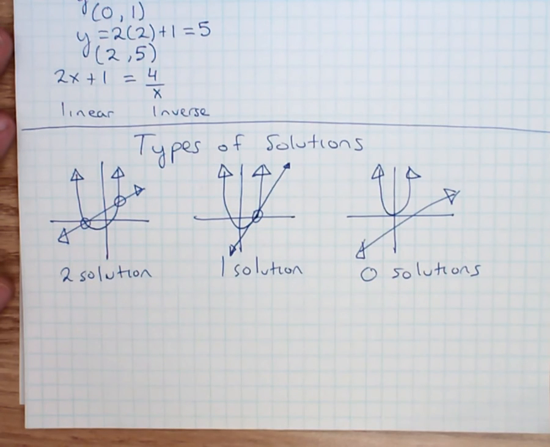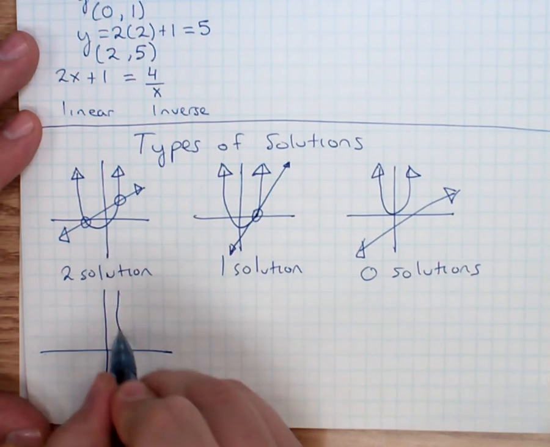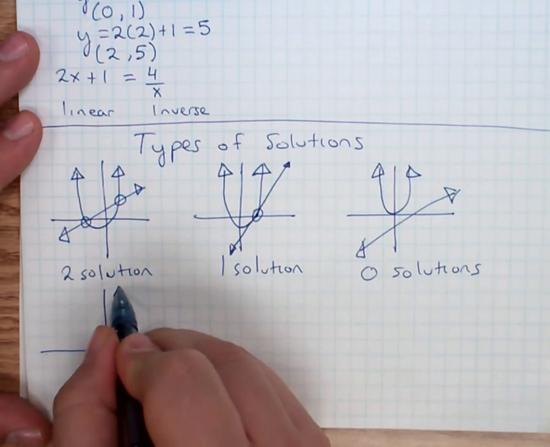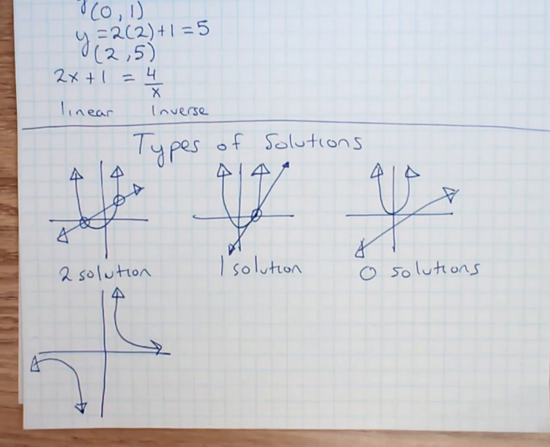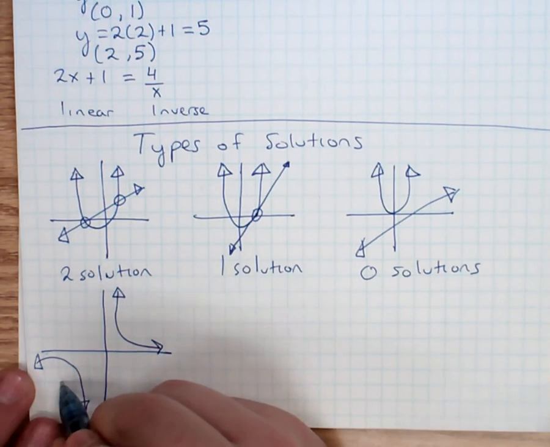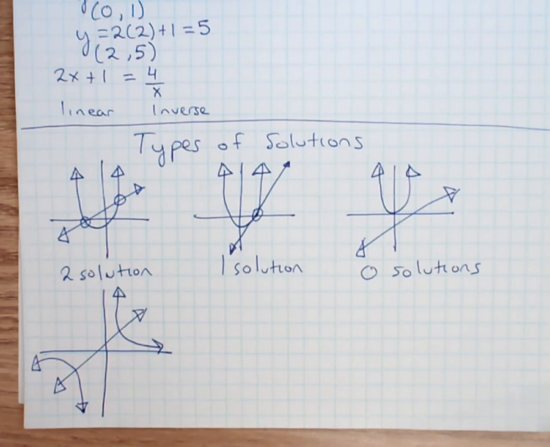We also had these for inverses. What would the 2 solutions look like in this case? Going through both, yeah. Now there are more ways that you could have 2 solutions.